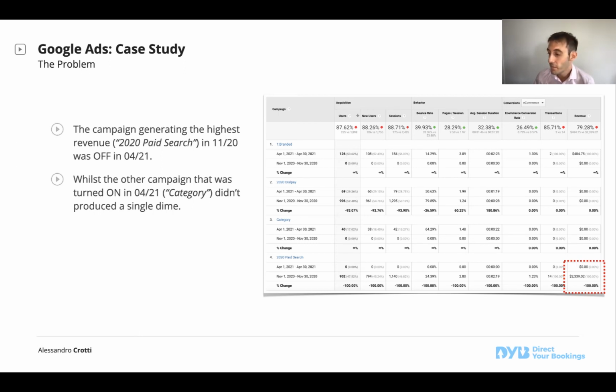As you have seen before, the only campaign that generated a little bit of revenue in April was the first one, branded, $484. But we are trying to compare apples to apples and see what used to work back in November and what actually didn't work recently in April. And the problem stands in line number 3 and line number 4. Line number 4 generated revenue in November, line number 3 didn't generate any revenue in April.